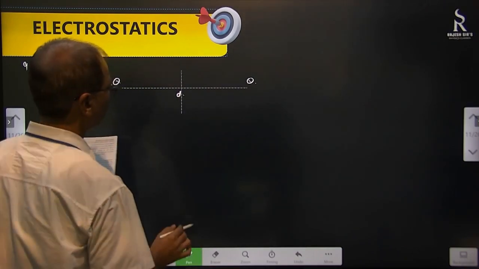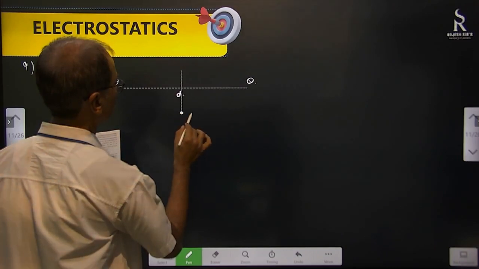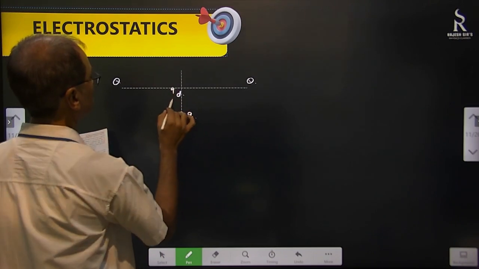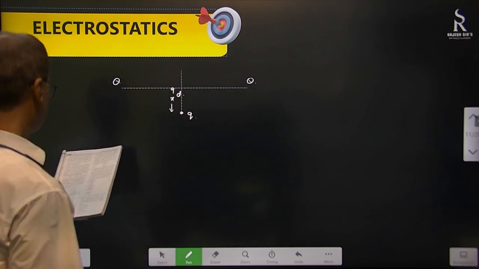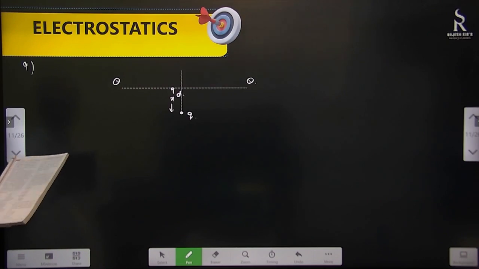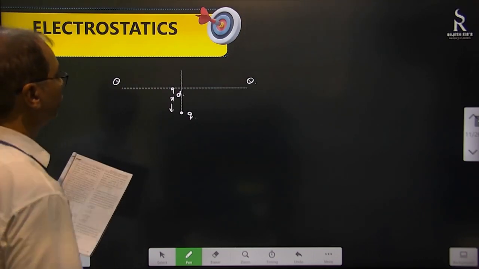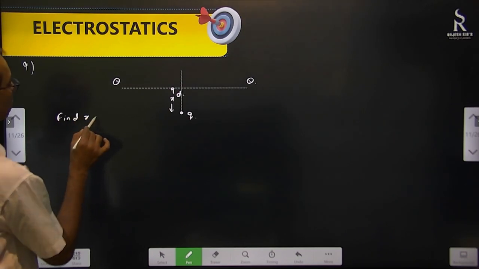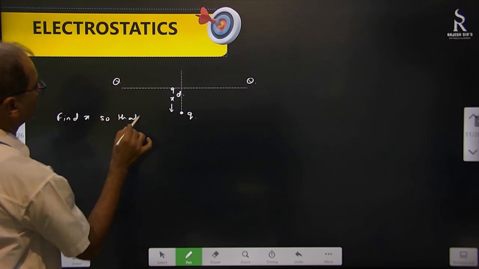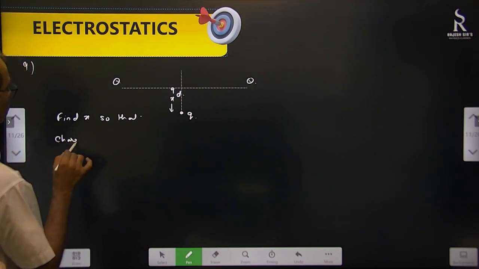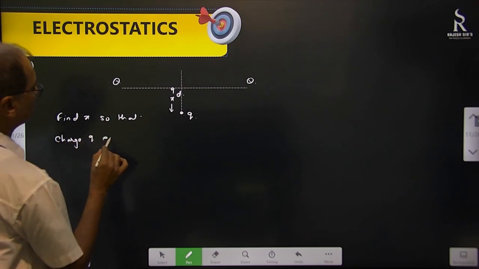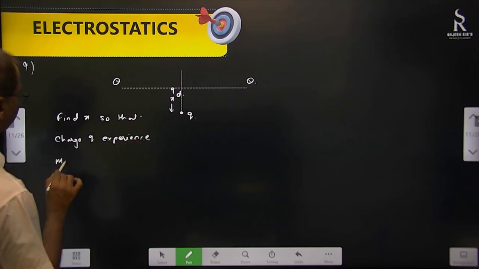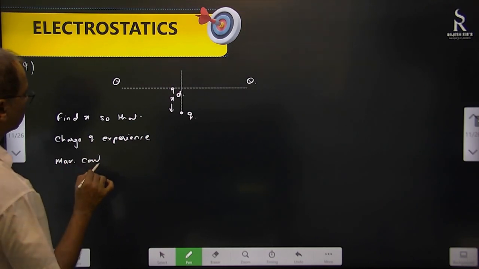And we are placing one charge Q here at a distance X. The value of X at which charge Q will experience the maximum Coulombian force. Question is, find X so that charge Q experiences maximum Coulombian force.